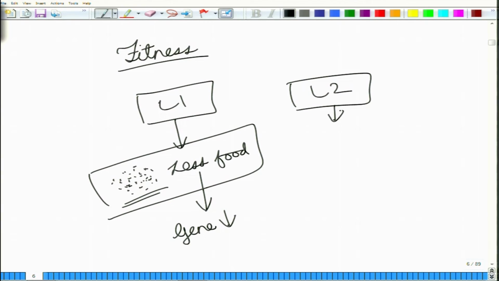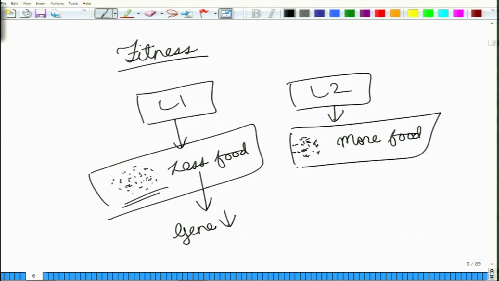Now, let us consider L2, which has some genes because of which it only lays more eggs when there is more food. In that case, these offspring are able to survive better, because of which this particular gene will increase in frequency.